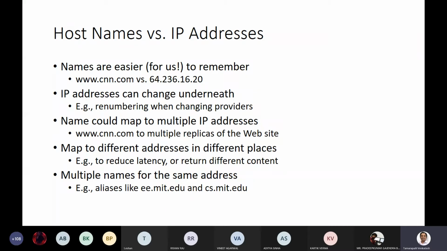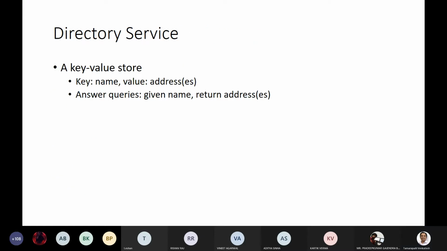So maintaining aliases or different names for the domain name is also one of the functions that can be used if you have different host names for the same machine.